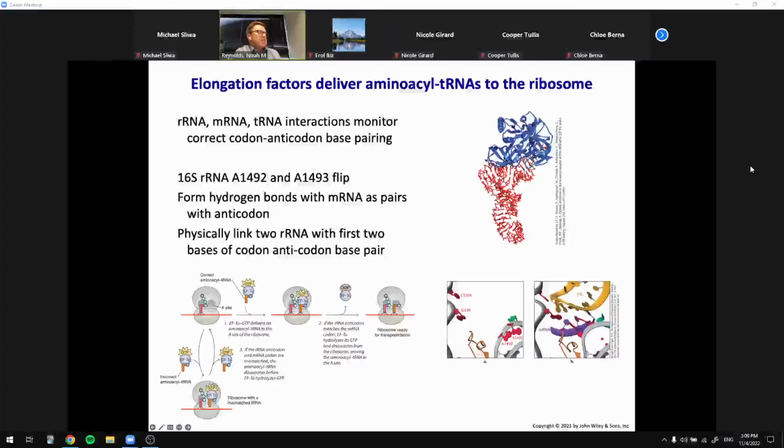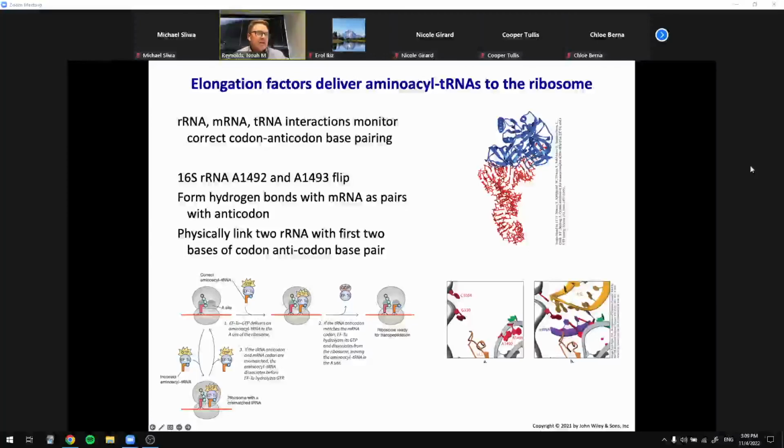I'm not going to ask you specifics about like A1492, but understand that the ribosome is using base pairing, looking at the base pairing between the tRNA and the mRNA. And when it's proper, we get a conformation that allows GTP to be hydrolyzed by EFTU.